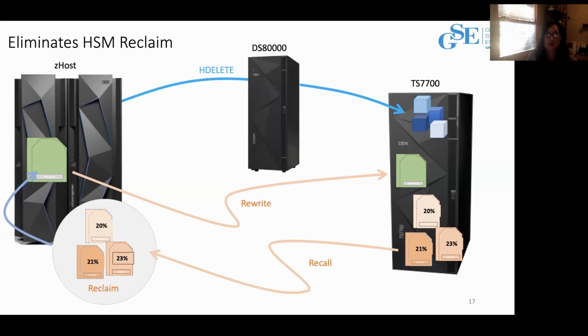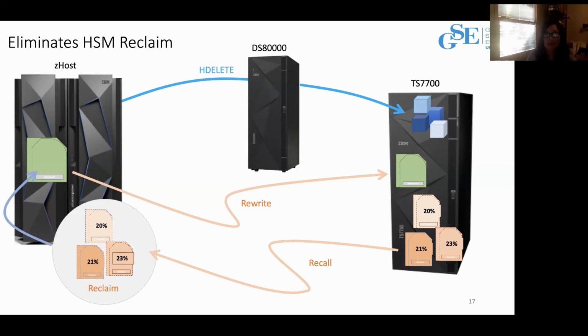Data sets, as they expire in the 7700 or any virtual tape server, can't be peeled out of that volume of data. So basically the 7700 retains that information until that logical volume has a certain percentage of active data left on it, whatever percentage you've decided.